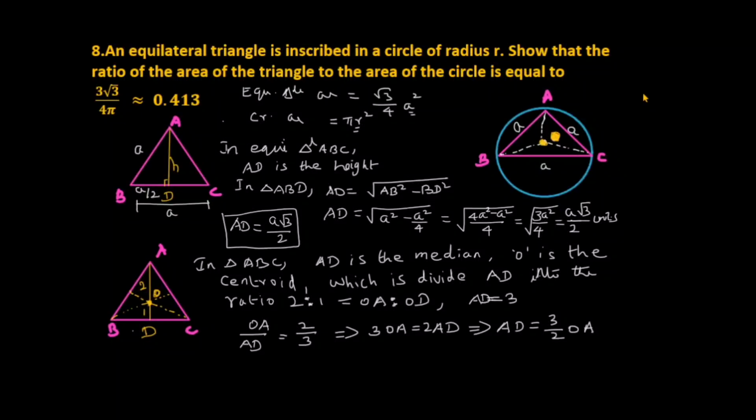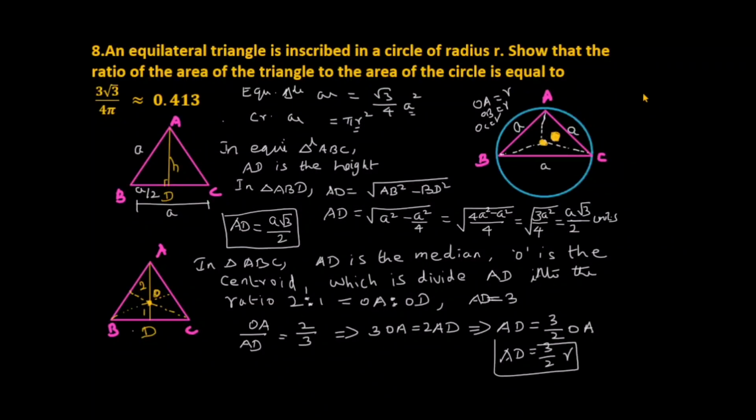What is our OA? OA is the radius here. OA is equal to R, OB is equal to R, OC is equal to R, everything is the radius. So AD is equal to 3/2 R.